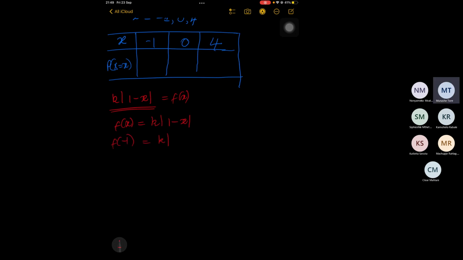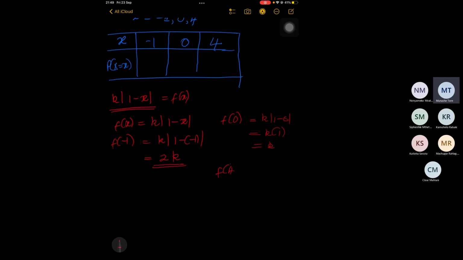It's going to be k into 1 minus negative 1, which is 2k. This is for function of negative 1. What is the function of 0? Function of 0 is going to be k into 1 minus 0, which is k into 1, which is k.